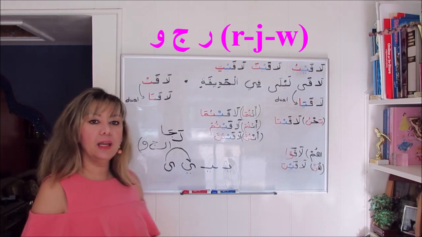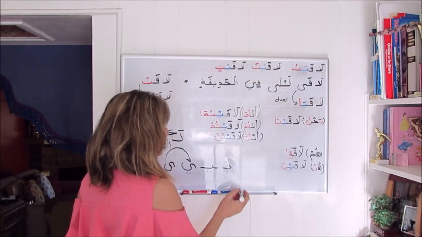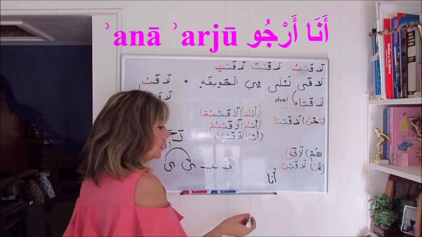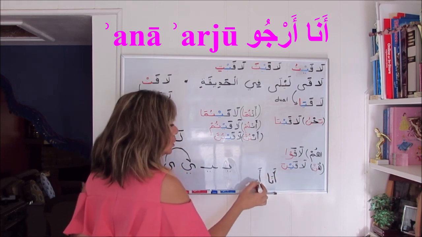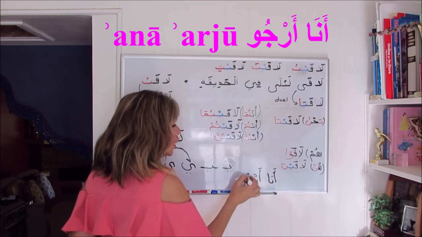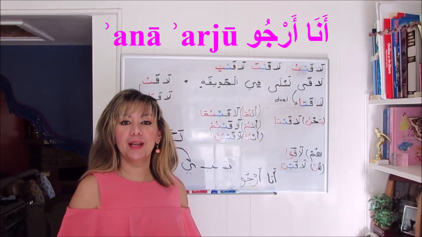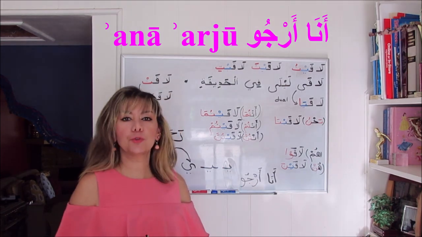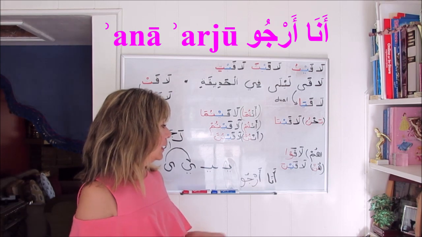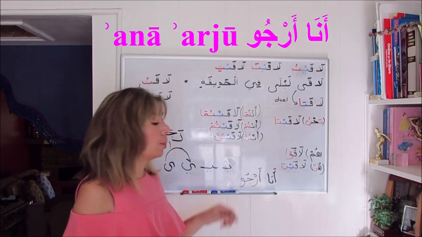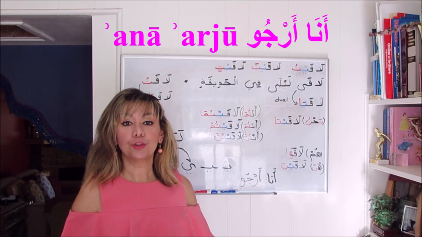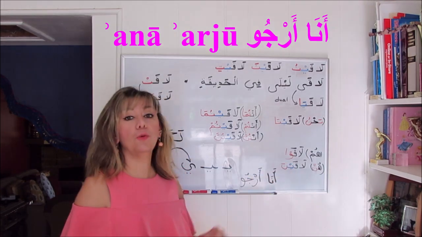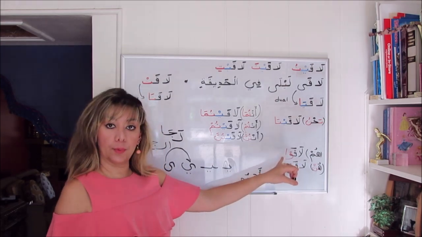So if I say ana arju, ana, first person singular, the speaker, arju is conjugated in the present tense, first person. So this waw is not followed by an alif, meaning that this is part of the verb. Alright? It's not the collective waw, as within this example.